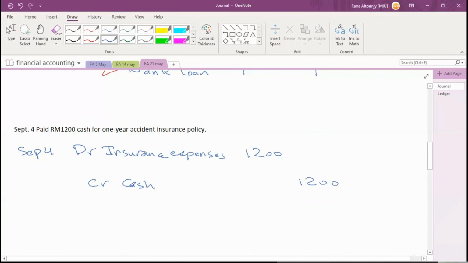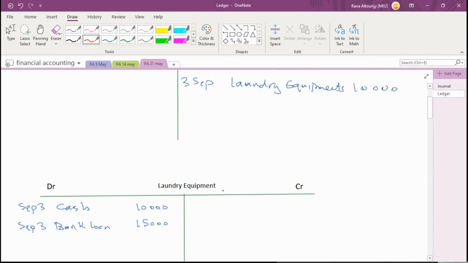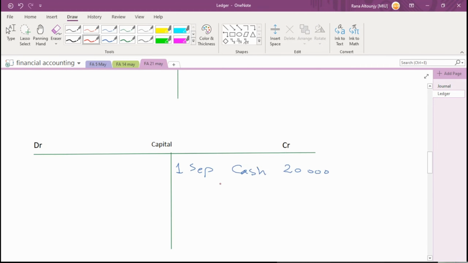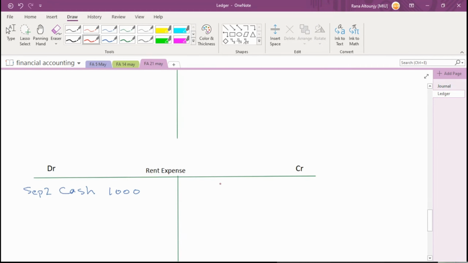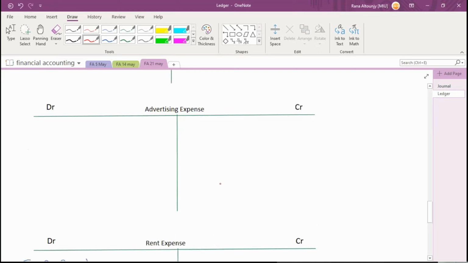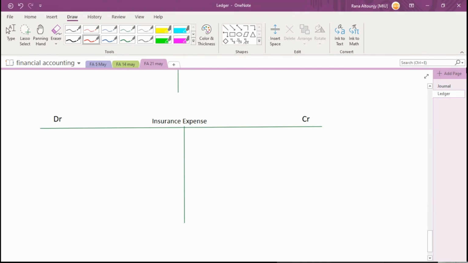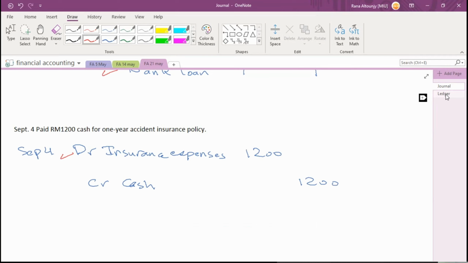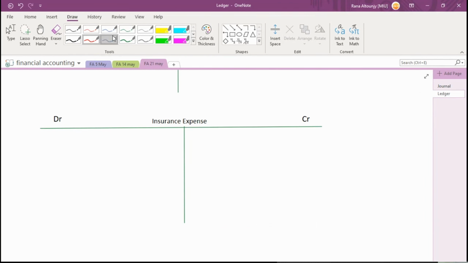September 4, debit insurance expenses, credit cash. So let's go to the debit side of the insurance expenses. Where is insurance expenses? Okay. We go to the debit side of the insurance expenses. We write the date, which is September 4.